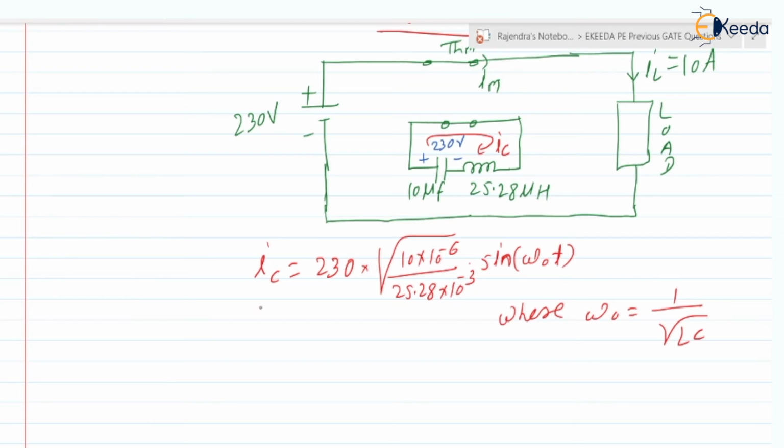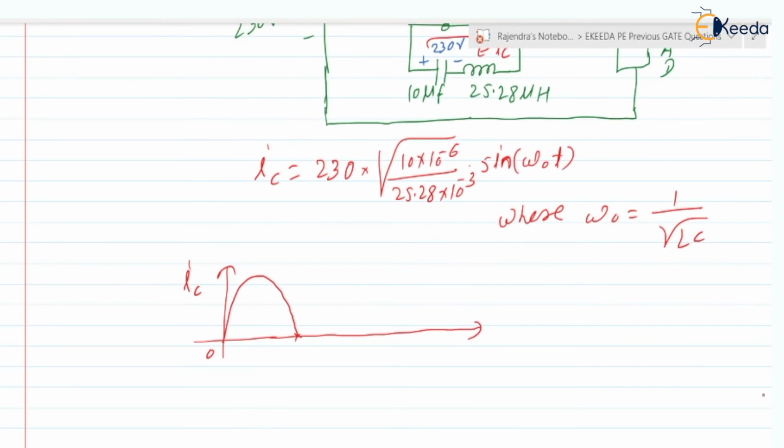If you check, IC will have a waveform like this. This is the waveform for the IC. It is a sinusoidal one.